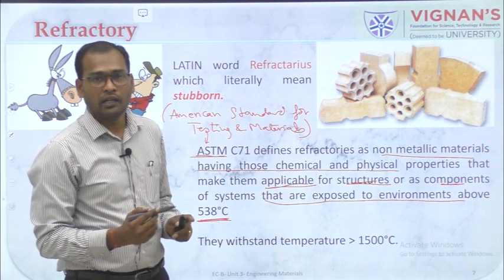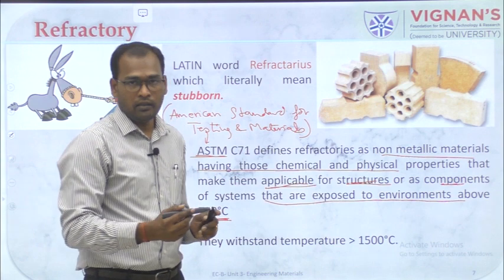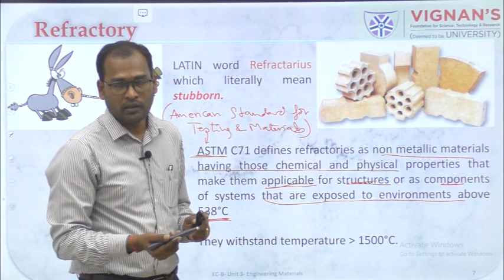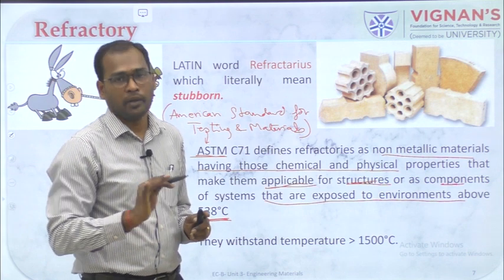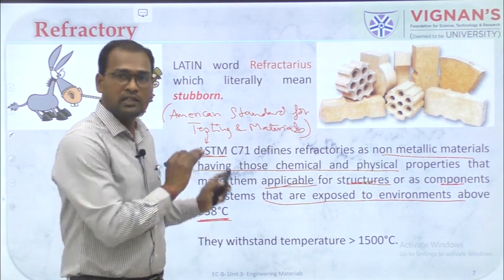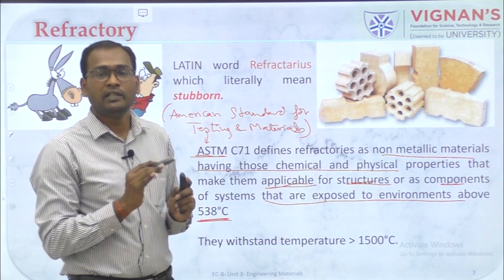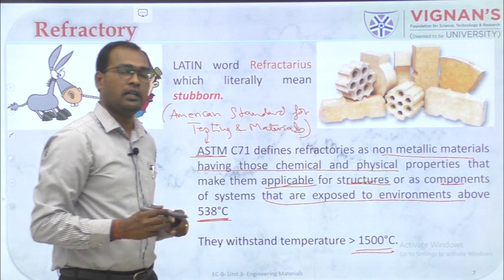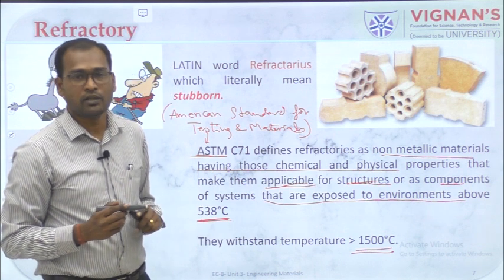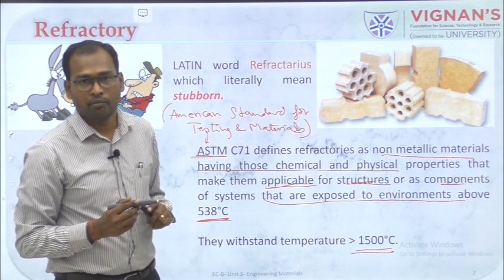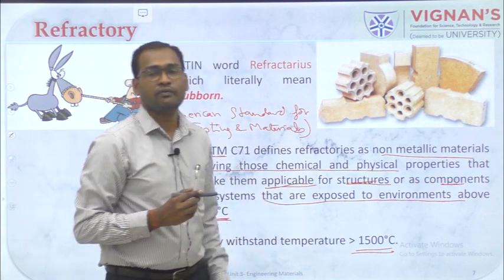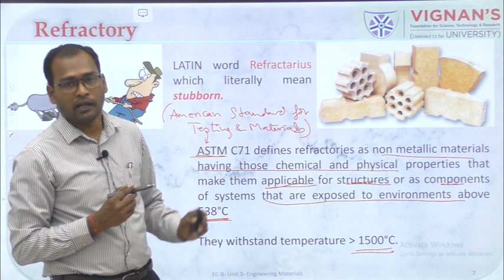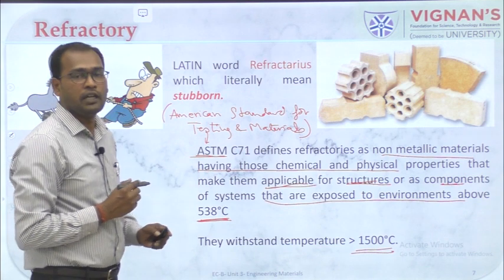Any material which can withstand high temperature or harsh conditions is called a refractory. These materials can withstand temperatures up to and above 1500 degrees Celsius. So this is the definition for refractories as per ASTM standards.